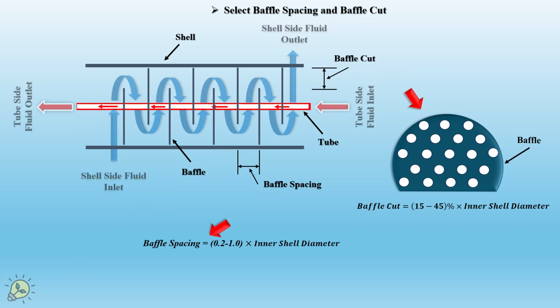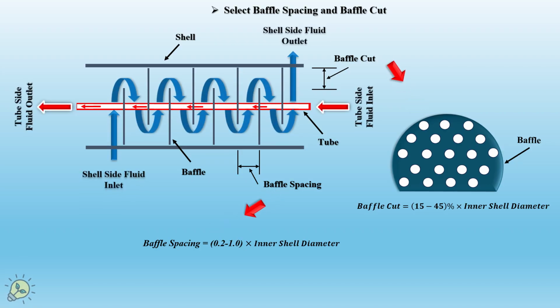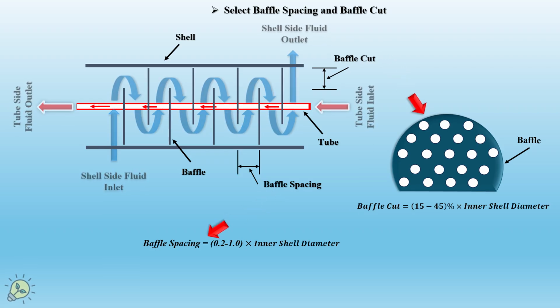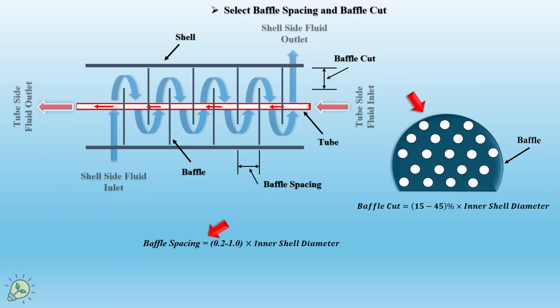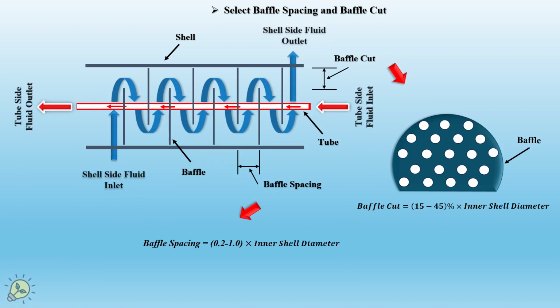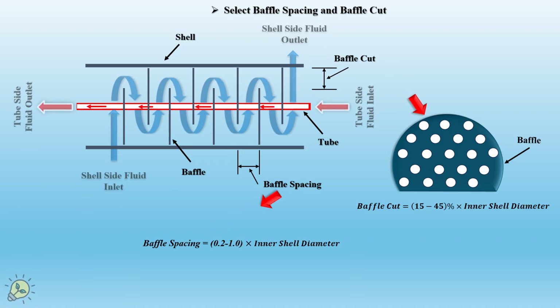And of course, the selection of the percent of this baffle cut depends also on the condition of the fluid and its properties that is passing on the shell side. As a general form, 25% of the inner shell diameter can be used. These are the most important parameters to be considered when designing heat exchangers of the shell and tube type.